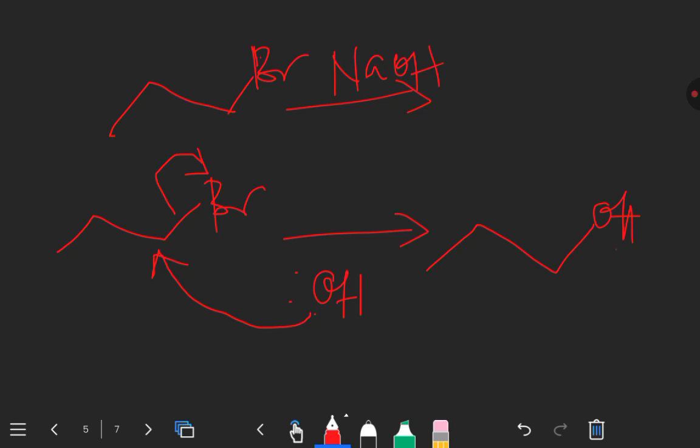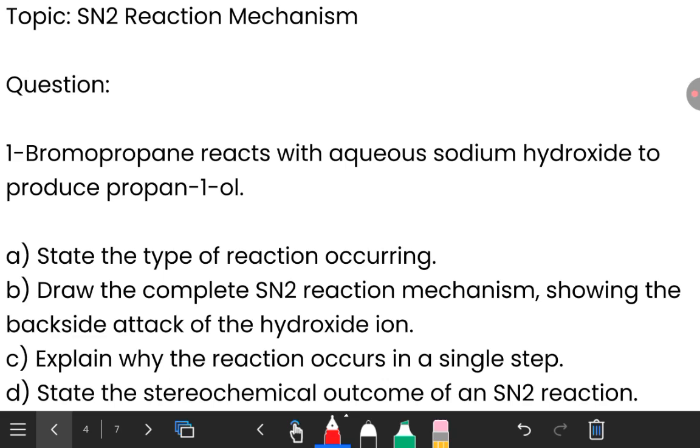Then the bromine which left will be that structure there. So the hydroxyl attacks, and as we can see, the hydroxyl was able to attack from the back. Then the bromine left, but this was occurring at the same time, so it was occurring simultaneously.